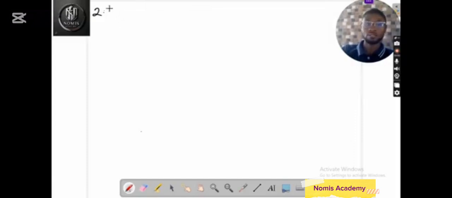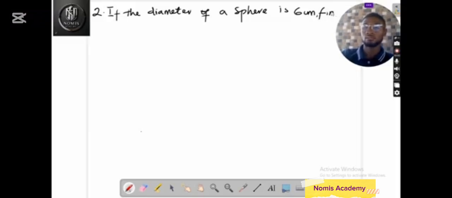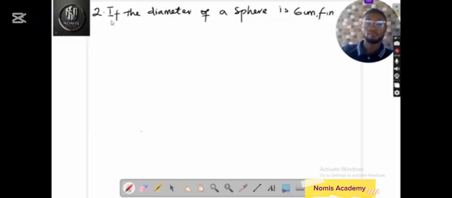The question says: if the diameter of a sphere is 6 centimeter, find the volume of the sphere.